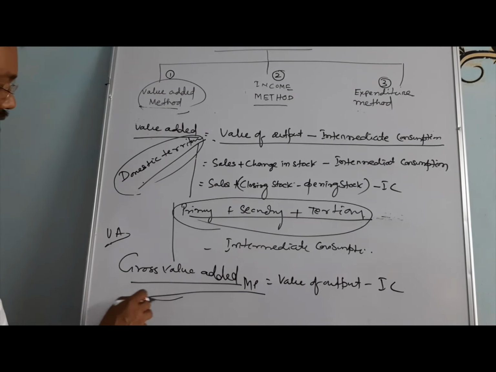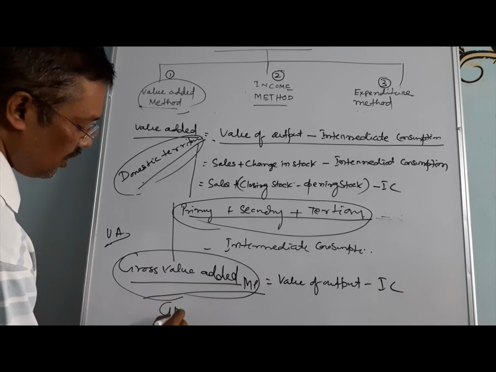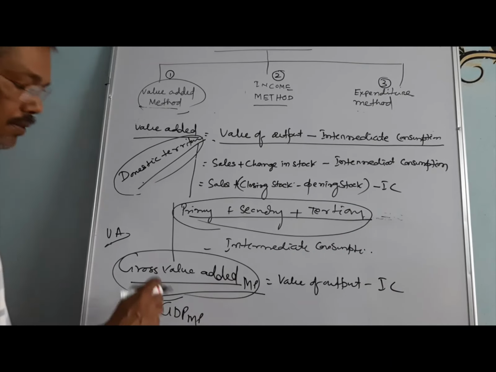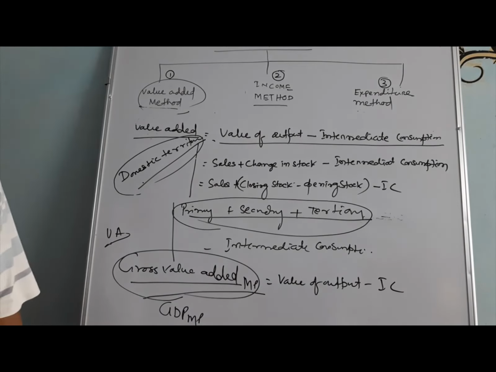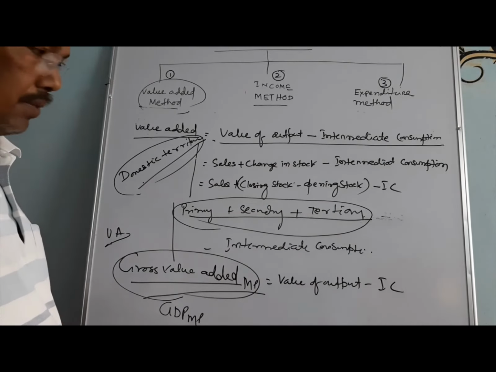Or this gross value added market price is also known as GDP at market price. So GDP at market price equals value of output minus intermediate consumption. This is called the gross value added market price or GDP at market price.